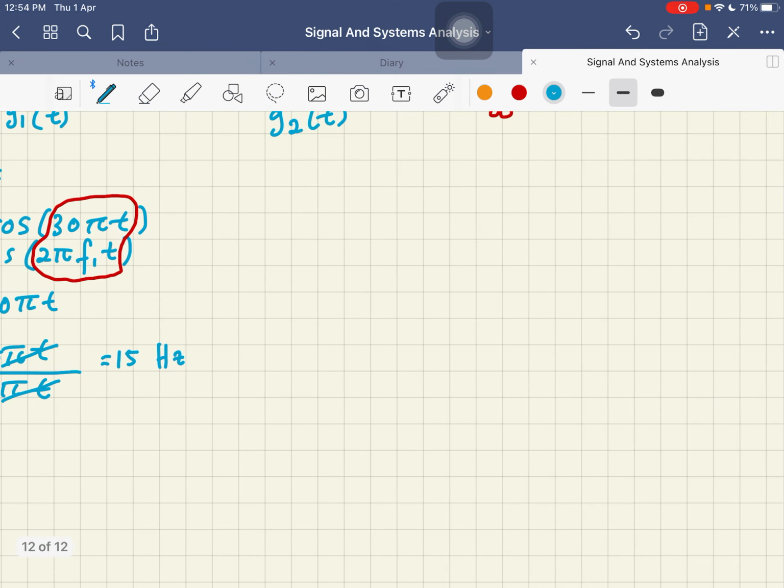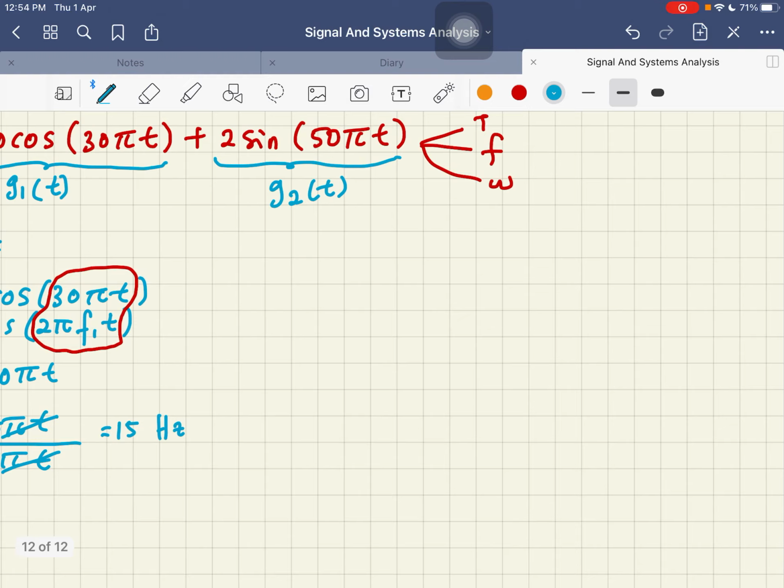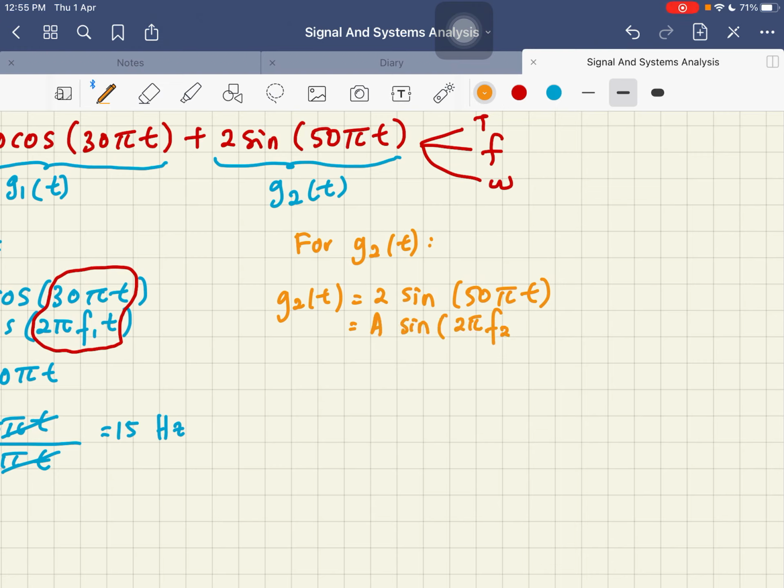Let's have a look at the second one. I'm just going to change color. So for g2 of t, which equals 2 sine 50 pi t. Again I'm going to make it equal to the general equation of a sine function, which is A sine 2 pi, and I'm going to call this f2 of t for the fundamental frequency.